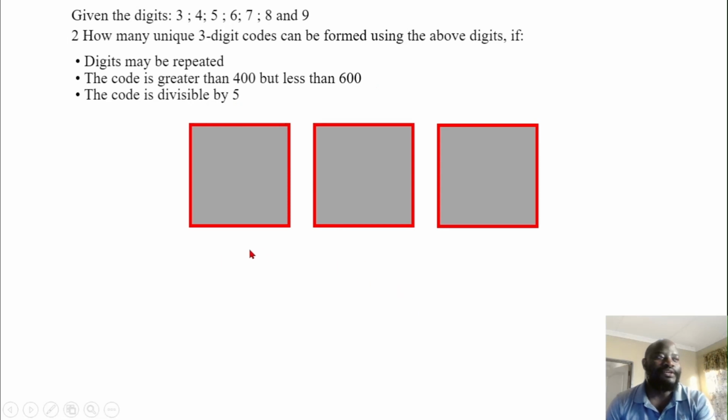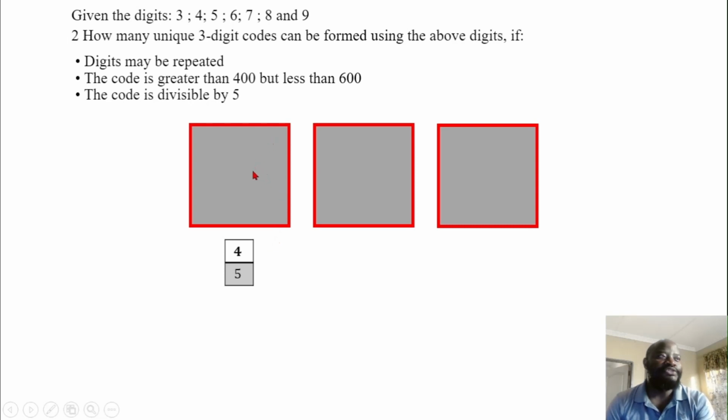Okay, so I'm going to list the possible numbers that we can put here. Then we'll count how many they are and put the number here. So first position, do you realize that only these 2 can be here? So a 4 is allowed here because we need a number between 400 and 600. A 5 is allowed. It's going to make this number between 500 and 600. Okay.